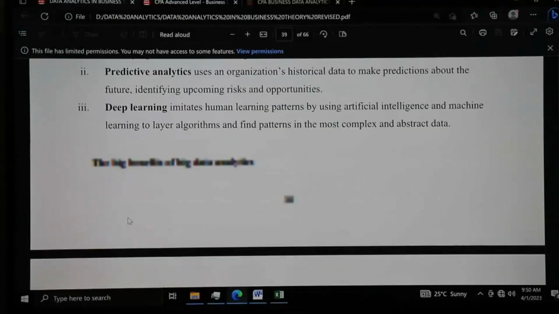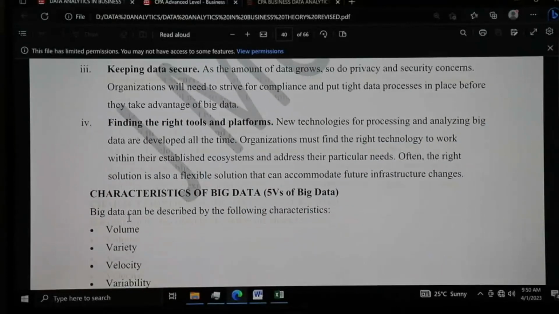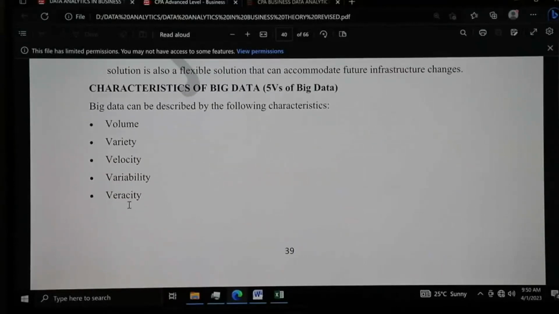But as you go into details, you find that big data has several characteristics. When a data is referred to as big data, it occupies a bigger volume. Variety here means that it checks several aspects of life.